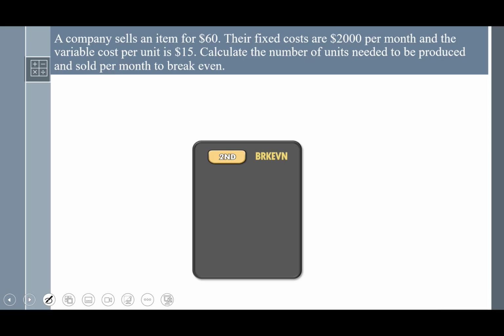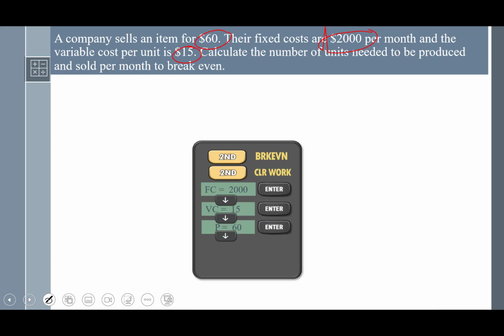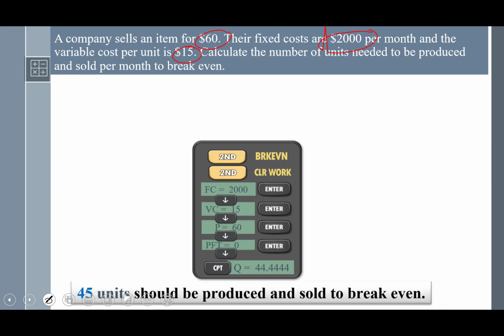So we're going to press second break even and enter the fixed cost, selling price, and the variable cost. Break even means profit of zero. So once I get to break even, all I have to do is press CPT and it's going to give me the quantity needed. Let's round it. They have to sell 45 items to break even. If they sell less than 45 items, they're making a loss. If they sell more, they're making a profit.